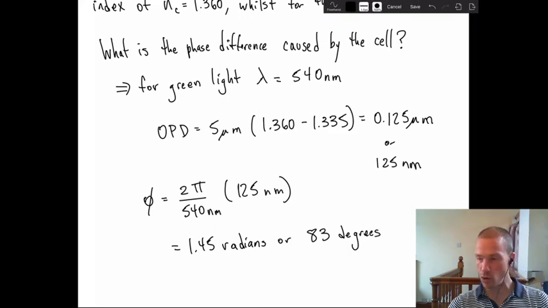So this is about 1/4 of a wavelength. The light which is passing through the cell has been shifted relative to the light which is passing through the media around it by about 1/4 of a wavelength. So this gives you a typical idea about how much light gets slowed down relative to the light which passes around your sample.